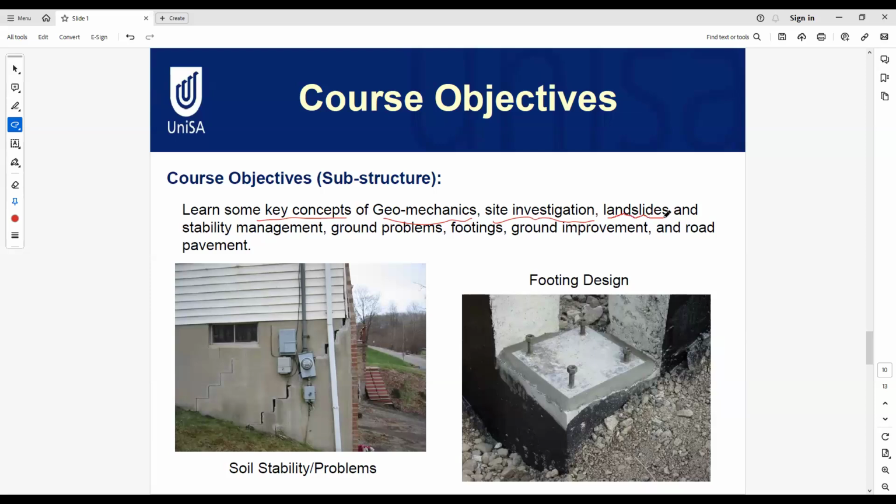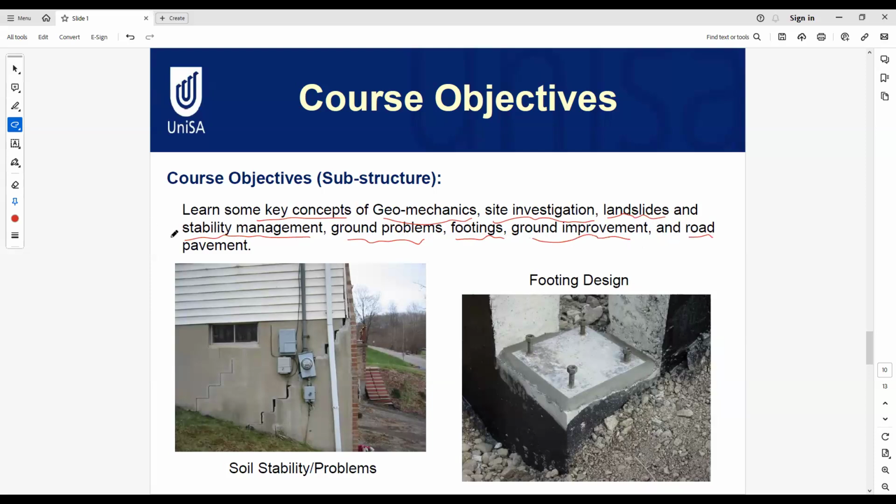Also, we will be looking at landslides or slopes and stability management of these slopes, ground problems and how to improve the soil properties. Also, design of footings like raft or mat footings, bored footings and pile footings. And also, again, ground improvement.